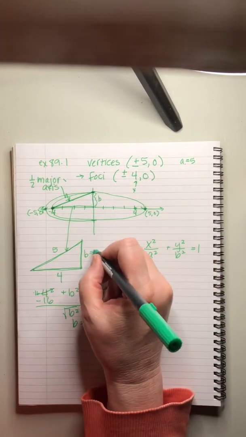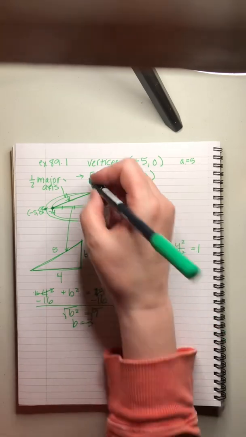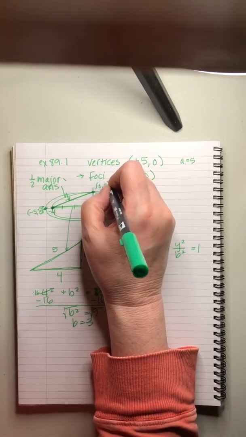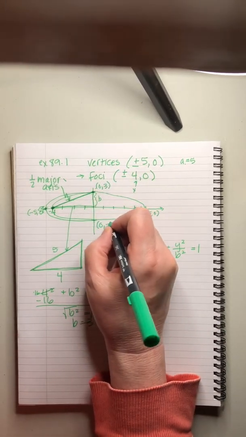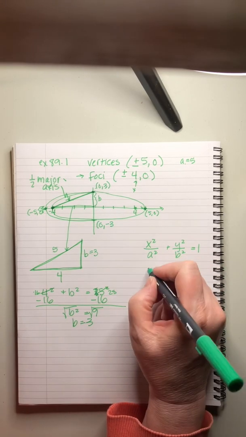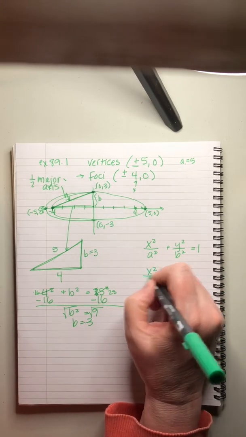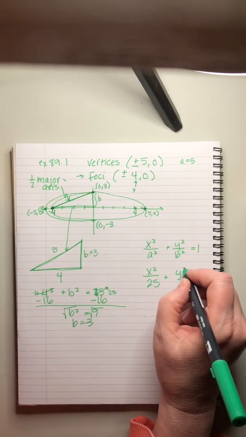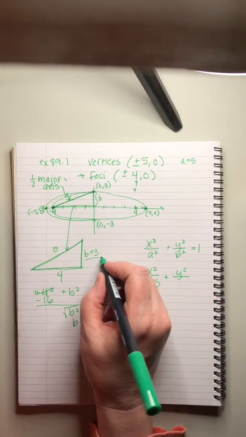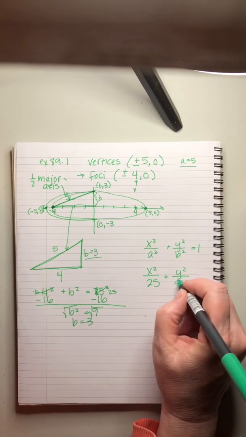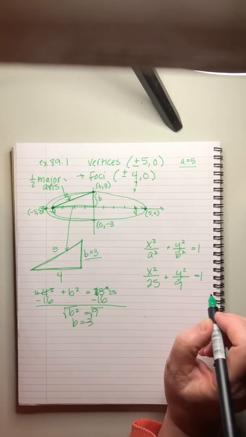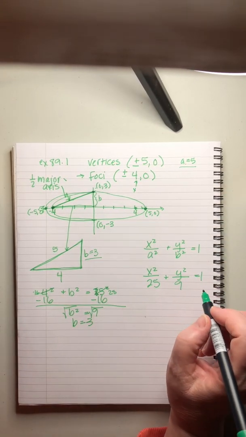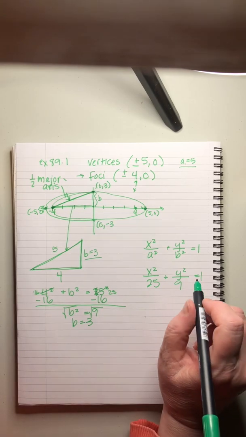All right? So now we know that this point is (0, 3), and this point is (0, -3), and we can rewrite this as x squared over 25 plus y squared over 9 equals 1, and yay, we got it right.